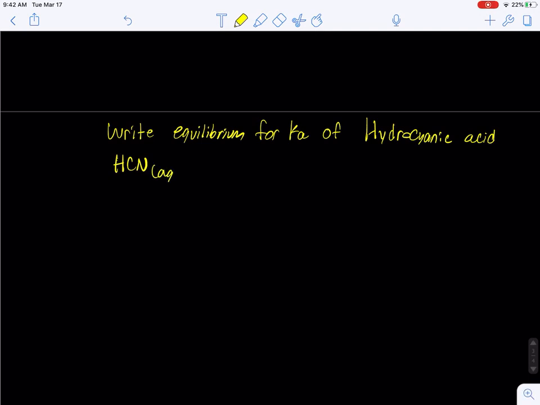Here's HCN aqueous. And see if you can write the Ka for this, okay? So write the chemical equation and then write out what the Ka expression is equal to, okay?